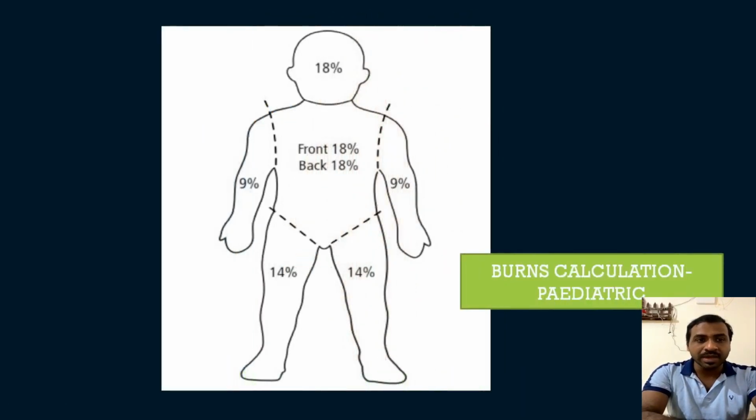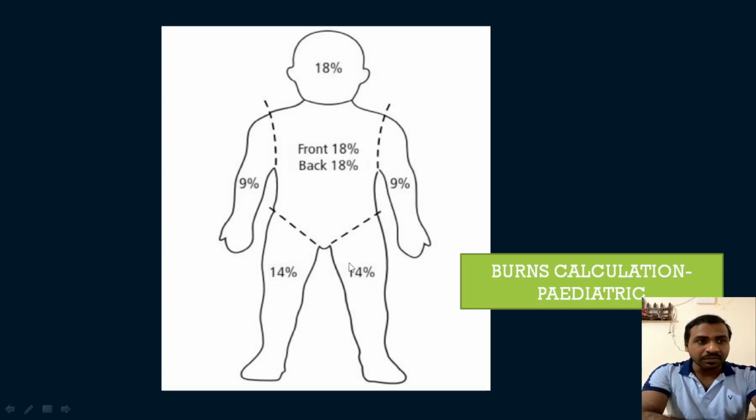Moving on to children, in the pediatric population the burn calculation is a little different. The head and neck, anterior and posterior, is calculated as 18%, and same as adults, the front and back are calculated as 18% each, and each upper limb is calculated as 9% each, and the lower limbs are calculated as 14% each, and there is no separate calculation for the perineal area.